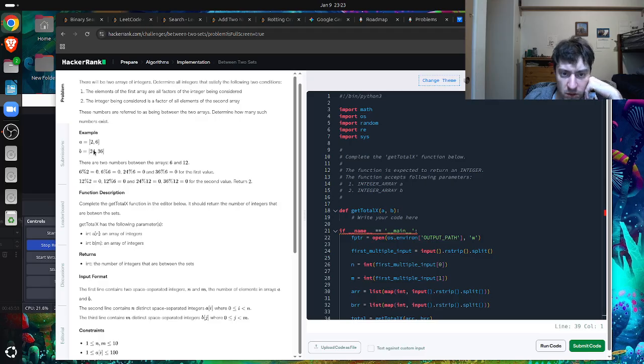I mean, this 24? I don't know. What is the integer being considered? What is that supposed to mean? Okay, the integer being considered is a factor of all the elements of the second array. There are two numbers between the arrays, 6 and 12.